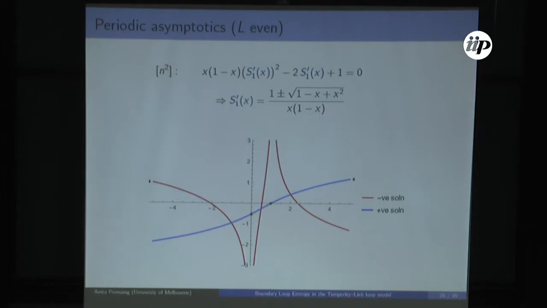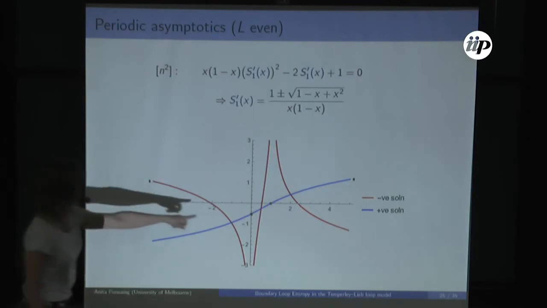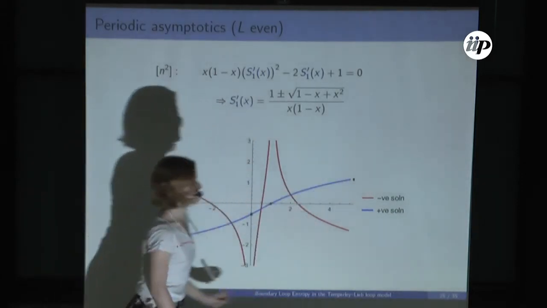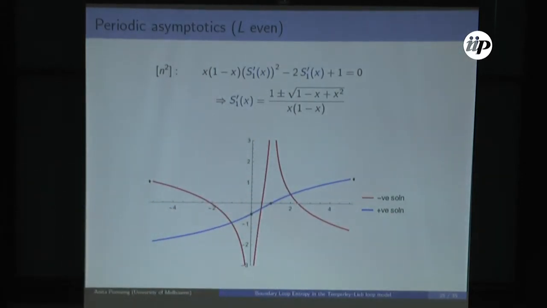It's got to be not differentiable somewhere. So these are the two solutions. The red one is the negative root, the blue one's the positive one. And these dots here are the initial conditions, so at 0, 1, infinity, and -infinity. And the initial condition at -1 is right there on the intersection.